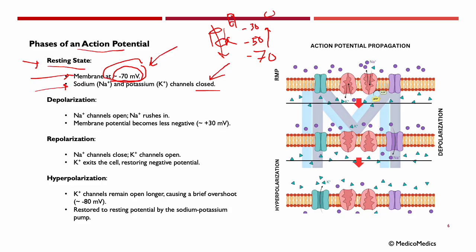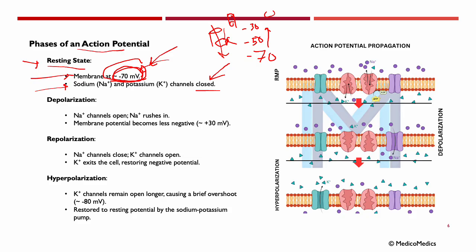The ions would freely move across the membrane, disrupting this resting potential. And so instead, we have these sodium-potassium pumps, which actively maintain the stable environment, making sure that we have this negativity.